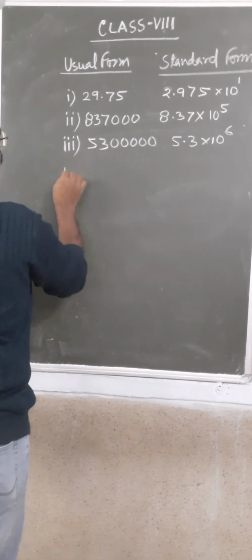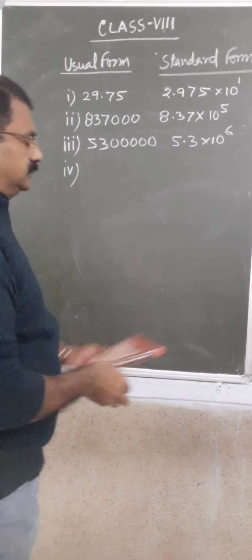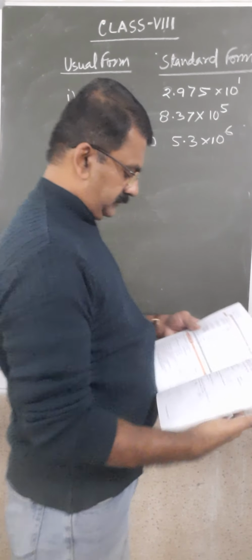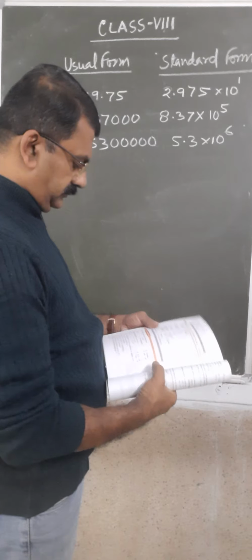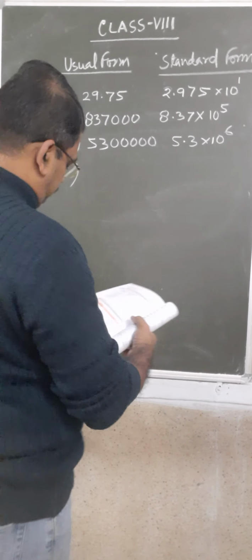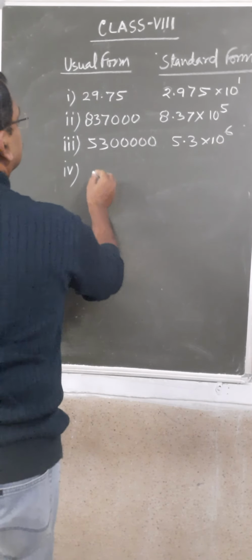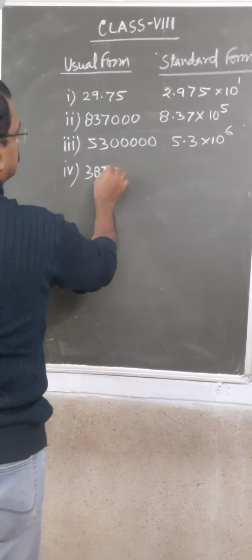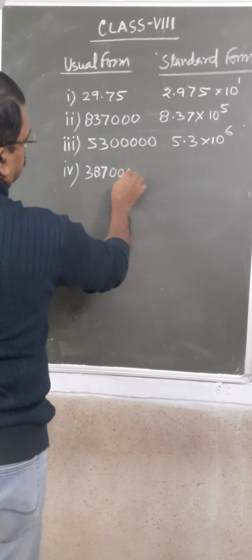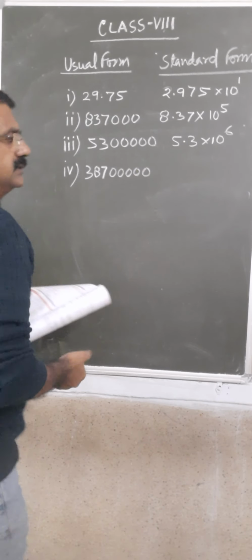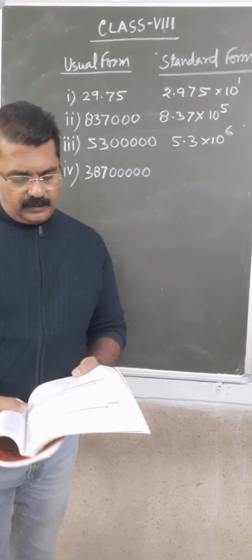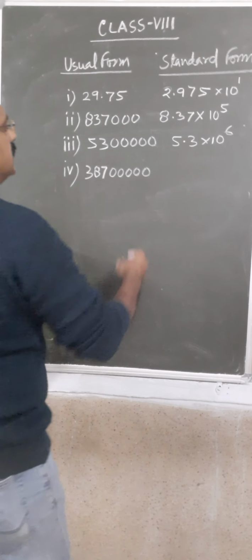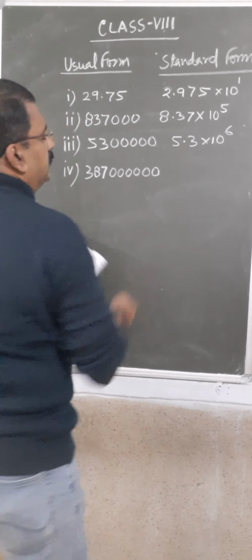Now the fourth part. Okay, that is in the usual form, and now one more zero is there. And now we have to convert it into standard form.